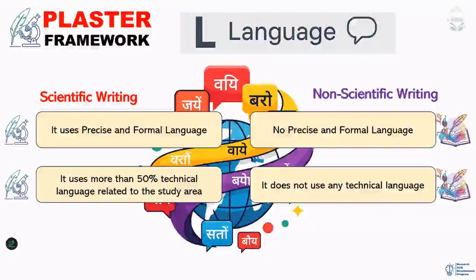And if you are doing research on diabetes mellitus, and your write-up or anything related to your research is not covering 50% technical language related to diabetes mellitus, that means it is not very good scientific writing.